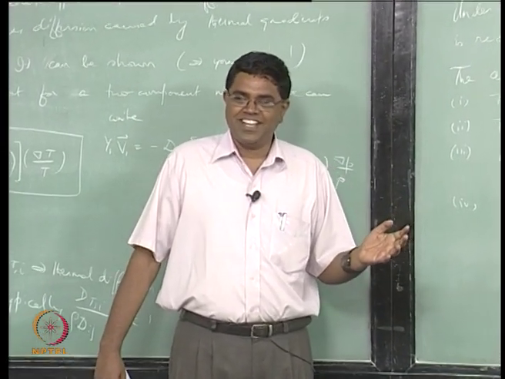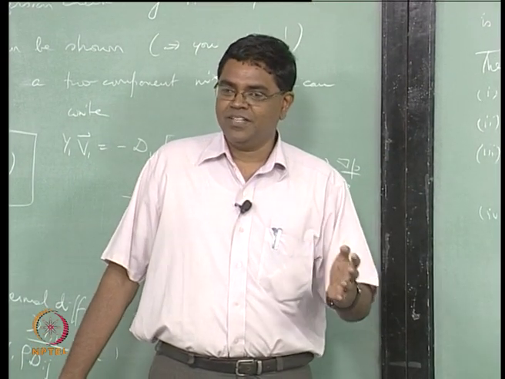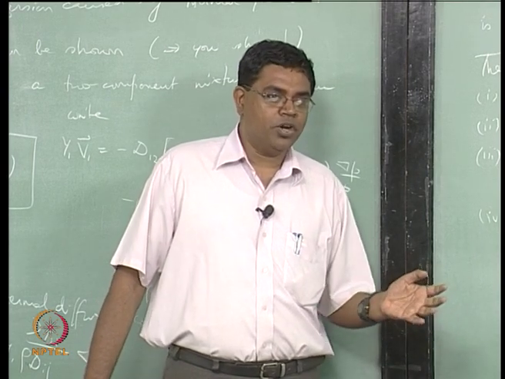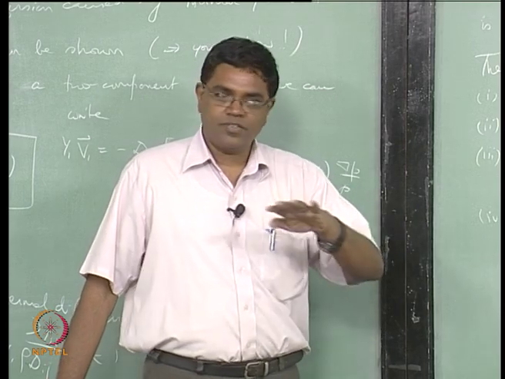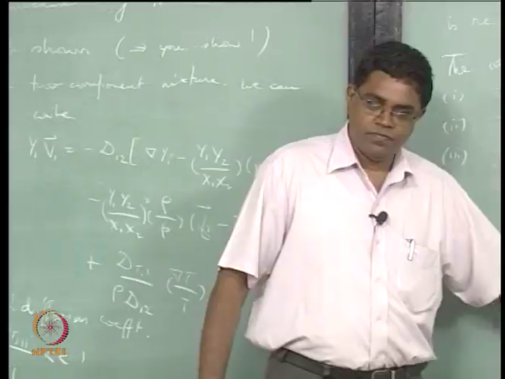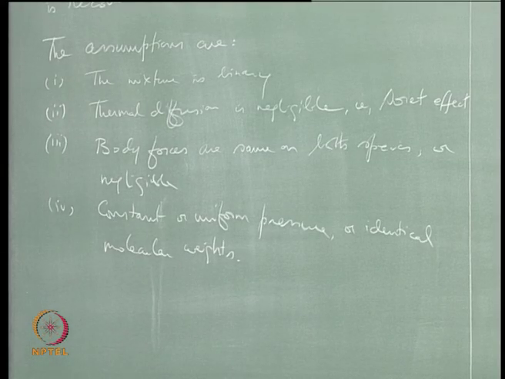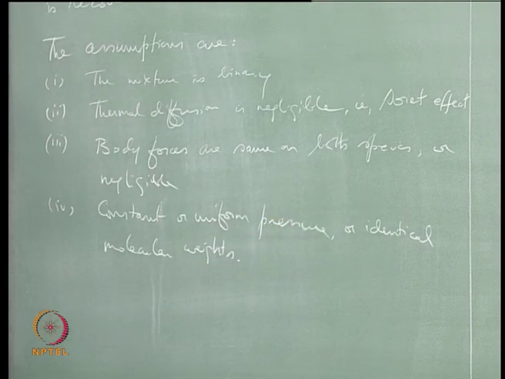Carbon dioxide is a little on the higher side, but methane is about 14 and water is 18, so they are all in the same ballpark for the most part. So it's not a terrible assumption under most conditions. You shouldn't worry too much about the molecular weights being too disparate. They are not for most conditions. So for analysis purposes it may be okay to make this assumption, but not a lot of times.